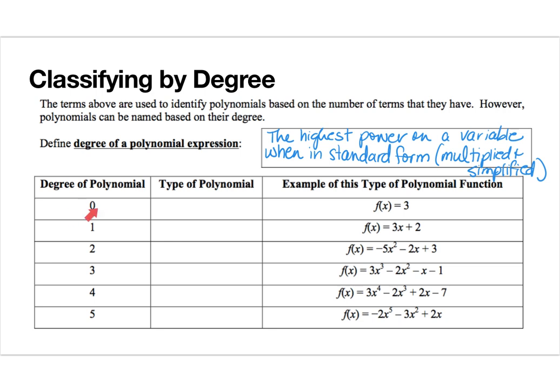If I look at the first type, it's 0. And you can see there's no variable there, but if I want to pretend there's a variable, it's definitely to the 0 power, because anything to the 0 power is 1. This type is called a constant. The next one, I think you probably know. The highest power on this is 1, degree 1, and we call this linear because it graphs a line.